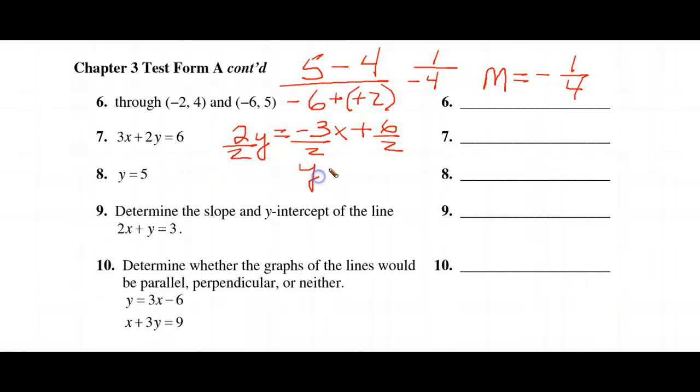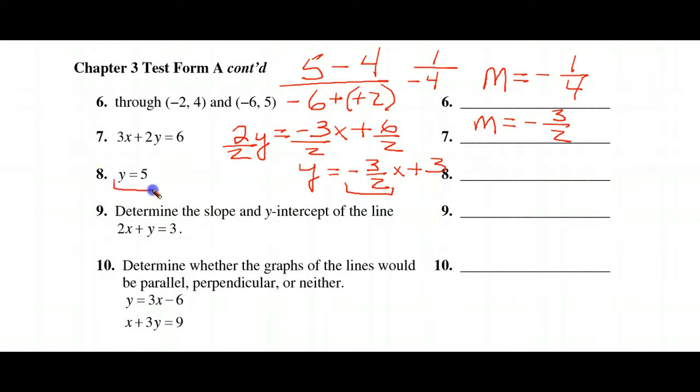So I get y equals a negative 3/2 x plus 3. So my slope then is right here: m equals a negative 3/2. How did I get it? By solving for a positive y, putting it in slope-intercept form.